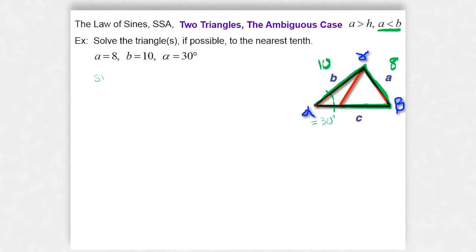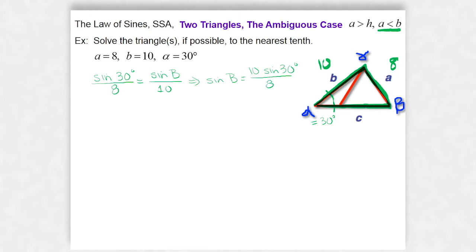So I'll take the sine of 30 degrees divided by the side opposite it, which is 8. And I know I'm given a side of length 10. Right. So in the numerator would be the sine of the angle opposite it, which is the sine of Beta. Beautiful. So let's find b. The way we do this is we solve for the sine of b. And the sine of b would be 10 sine of 30 degrees over 8.